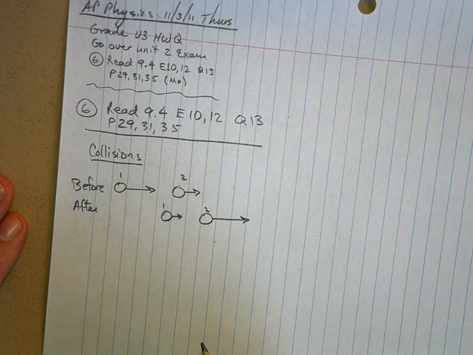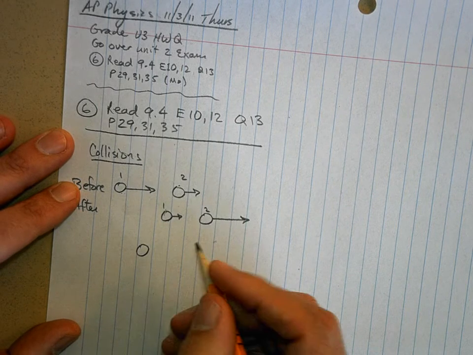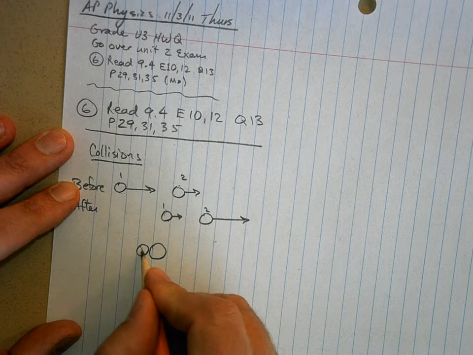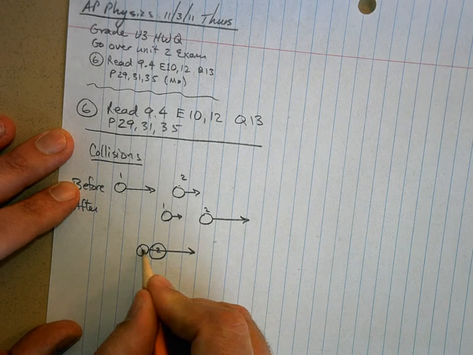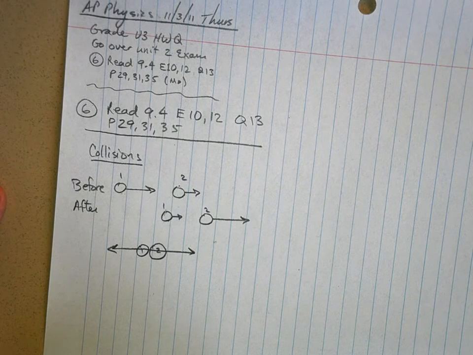Now I really want you to understand why. During the point of collision, or during the time interval where the collision is taking place, here's object 1 and 2, and they are applying equal and opposite forces to each other.